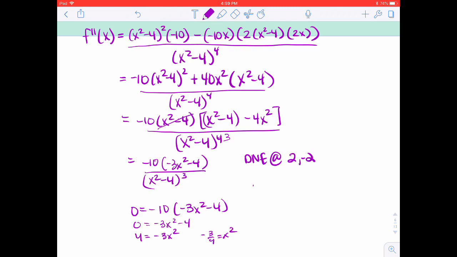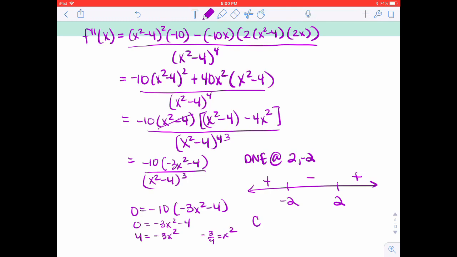Okay, so let's go and do our number line here and test our two critical points. So negative 2, 2. If I plug in negative 3 into my second derivative, I get a positive. If I plug in 0, I get a negative. If I plug in 3, I get a positive.